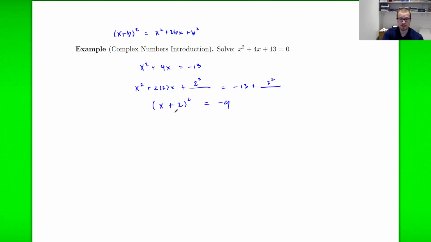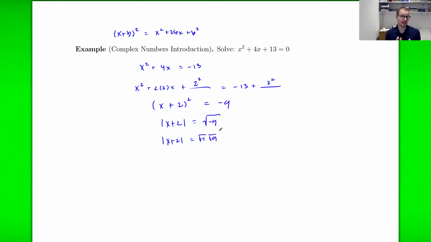So I'm going to square root both sides as I normally would, which would give me the absolute value of x plus 2 is equal to, now I'm just going to leave it as the square root of negative 9 for a moment, which doesn't make any sense. What I can do is split apart that negative from the 9. So I get the absolute value of x plus 2 is equal to the square root of negative 1 times the square root of 9.